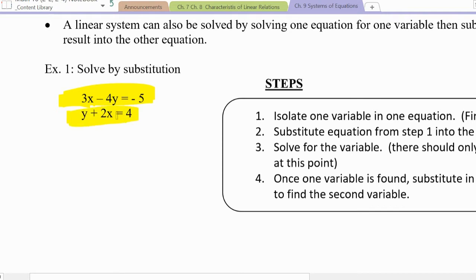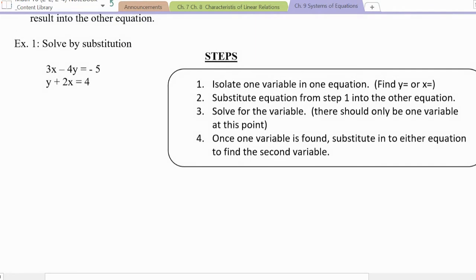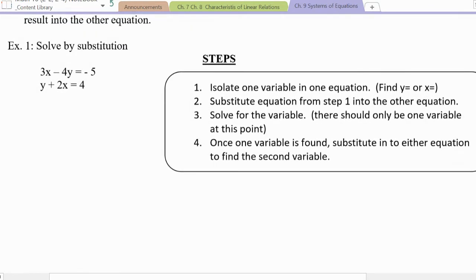When you have only one variable, you only need one equation to solve the question. But when you have two variables like x and y, you should have two equations, right?